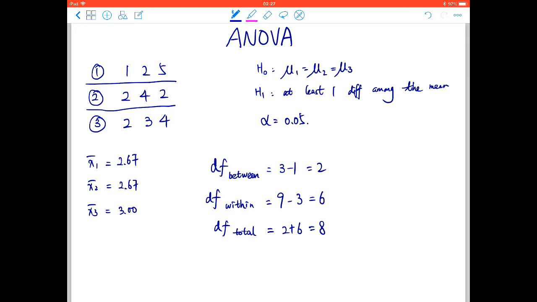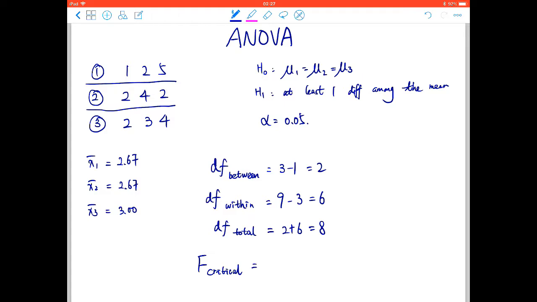So why do we need to calculate the degrees of freedom? As we are going to conduct an ANOVA test, we need to use the F table, which is the F distribution. So we need to find the critical regions in the F distributions.